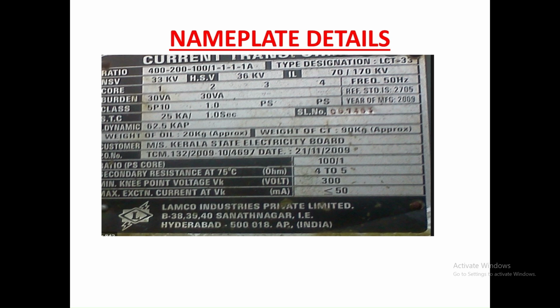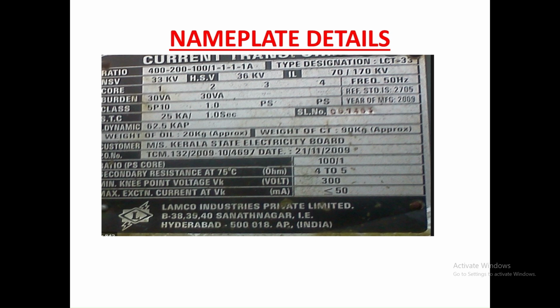So here you can see the burden of the CT, the class, the accuracy, the frequency at which it will be operated, year of manufacturing, company name, weight of oil, weight of CT, the customer, the value of knee point voltage and secondary resistance, and the date of manufacturing and order date based on which the equipment has been procured, and the serial number.